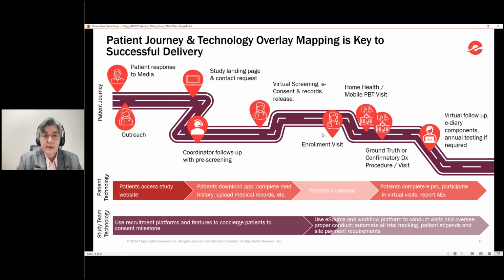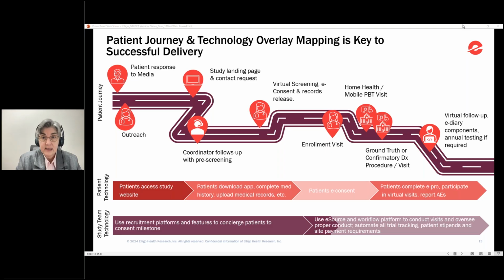So if we are talking about this beginning of the patient journey, they either respond to a social media outreach, or it may be an outreach if it's a hybrid model through their own physician. They end up at a study landing page with some initial pre-screening and a follow-up then with a coordinator for pre-screening. That coordinator may be a virtual coordinator who helps facilitate eligibility, responding to questions.